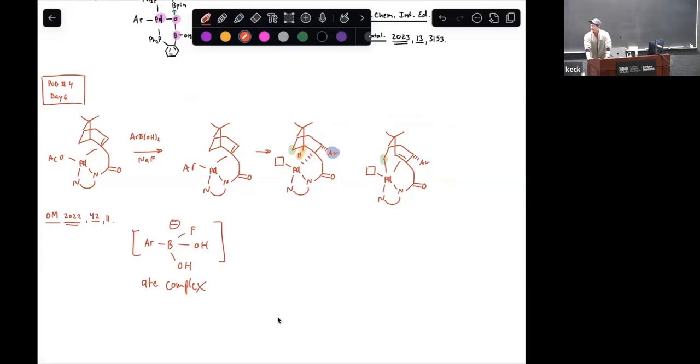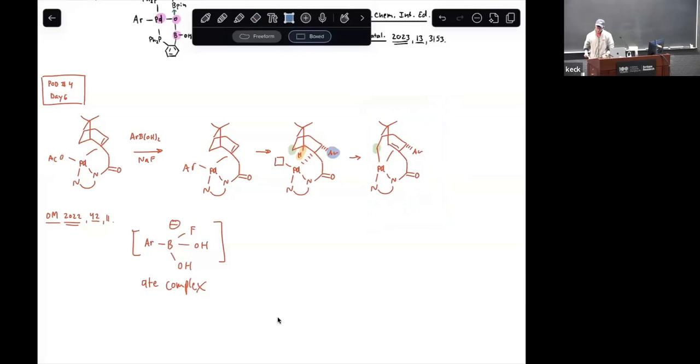Is that what you had? Alex, is this what you had? Yes. Okay. Now it's four coordinate. We don't have an open coordination site. And then are you happy stopping here? I think I'm happy stopping there, because that's what's on the sheet.